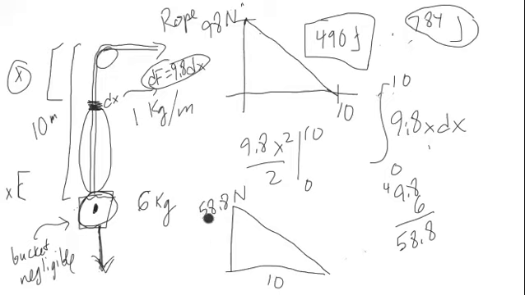So 1/2 of 58.8 is, well, 1/2 of 50 is 25, and 1/2 of 8.8 is 4.4. So that would be 29.4, and then 294 joules. Now notice when you add these together, you get 490 plus 294, so 784. Hey, 784 joules. So we split it up into 2 parts and we still get 784.